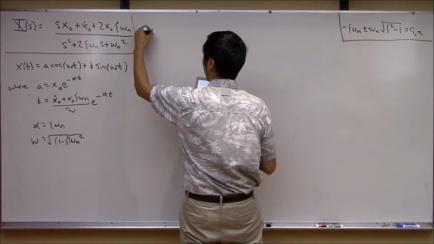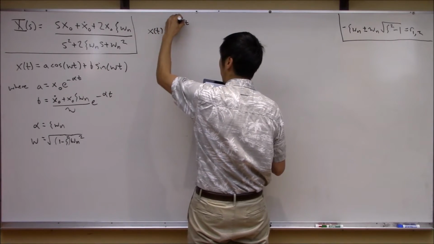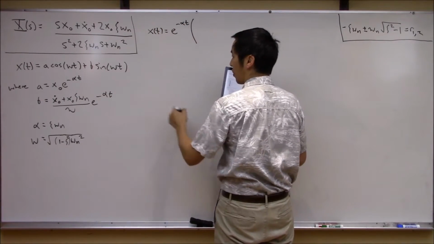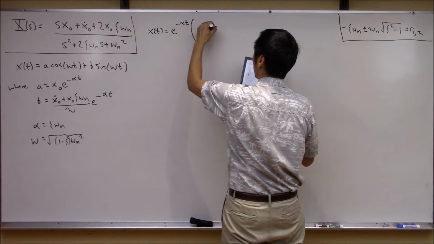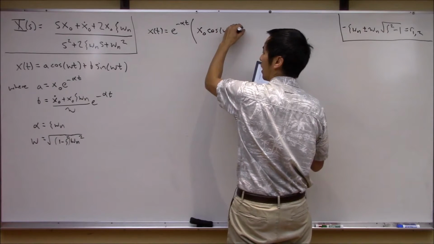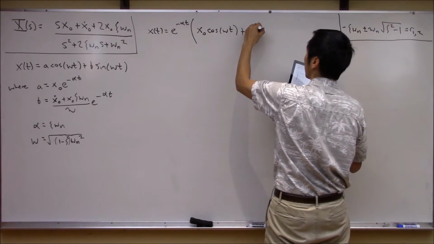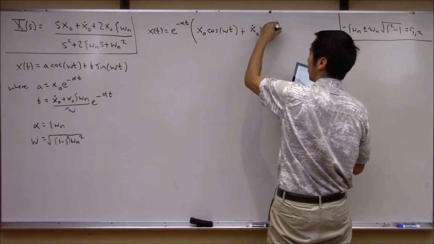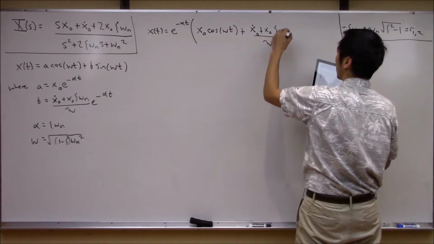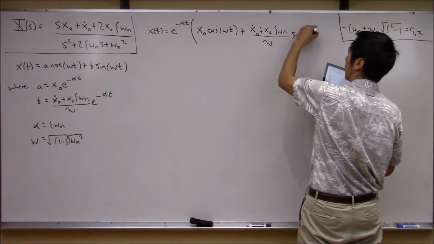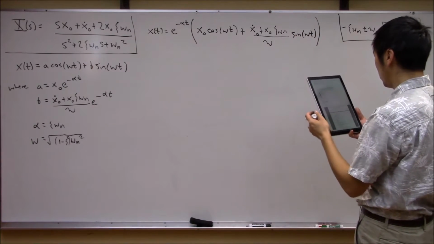Let's write x of t by yanking out the e to the minus alpha t, and we would end up with x0 cosine omega t plus (x dot 0 plus x0 zeta omega n) all over omega, sine omega t. I think that seems reasonable.